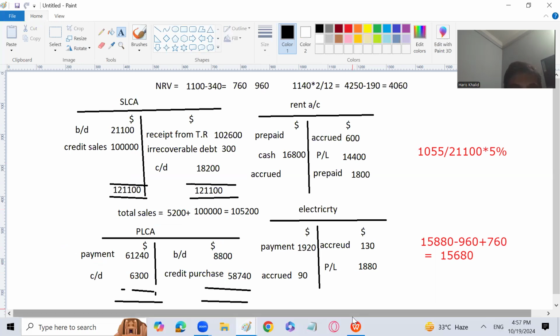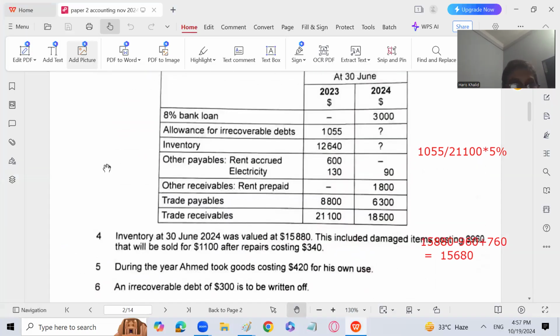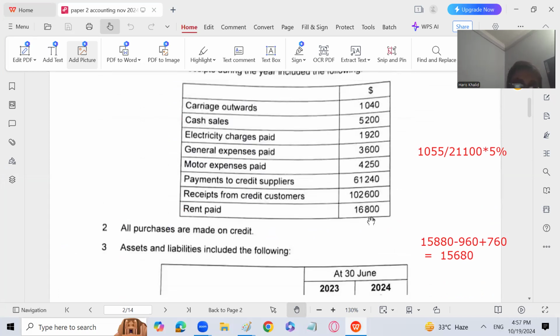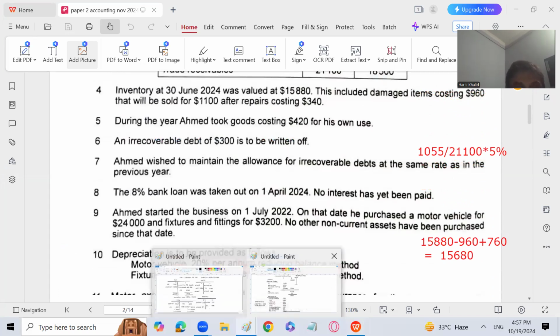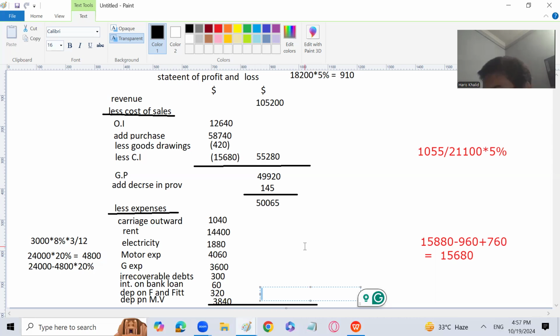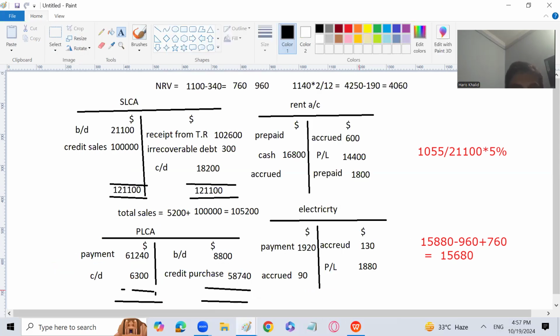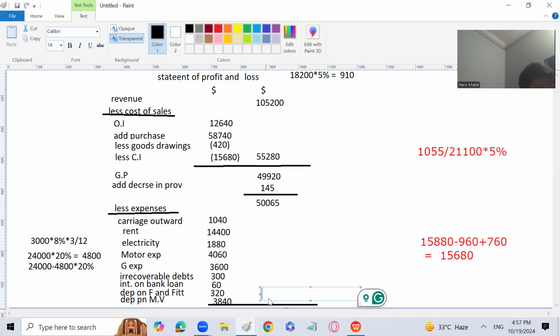That is 16,800 with the rent expense. 16,800, that's fine. I'm expecting something to happen. So let's do the total of the amounts we have, and let's calculate what the total of the expenses is, and then our question is going to complete. So let's do it. I have my calculator with me.